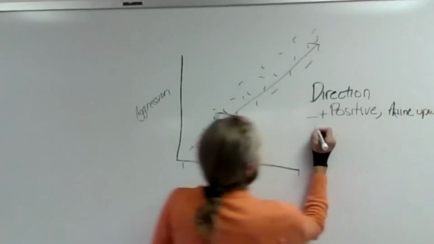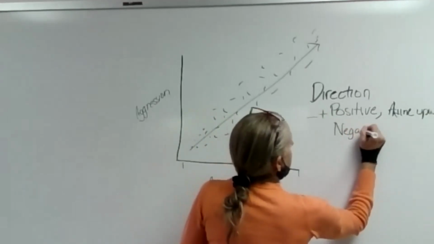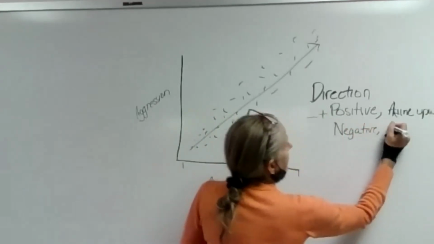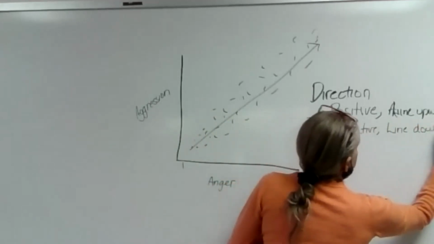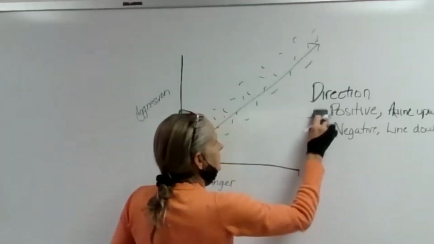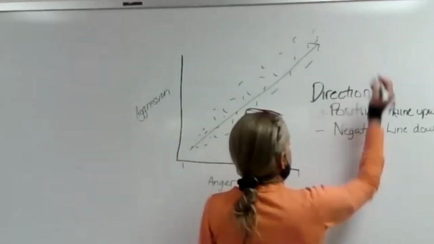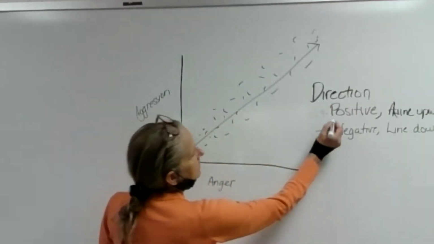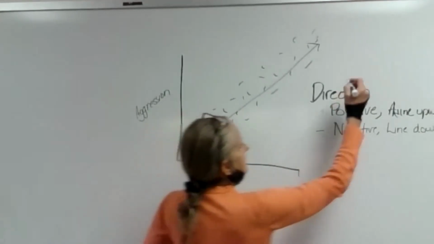We can measure a negative direction, and that is the line goes downward. And that's always marked with a negative sign. So anytime you see no sign before a correlation coefficient, it's positive. If it has a negative sign, it's negative.